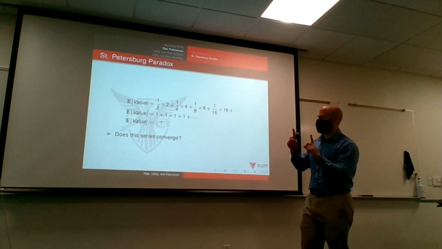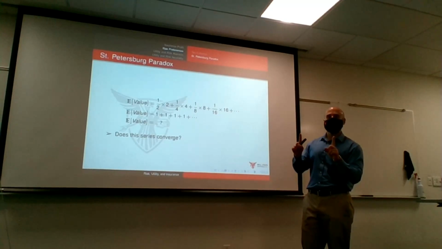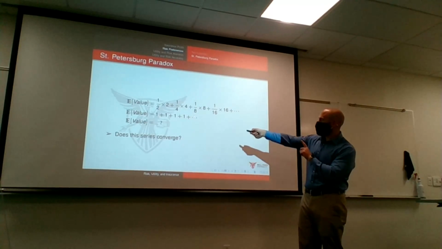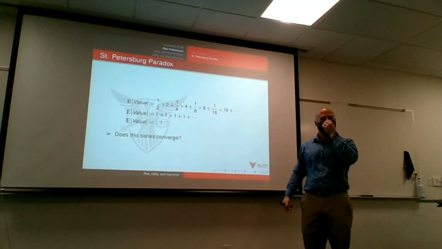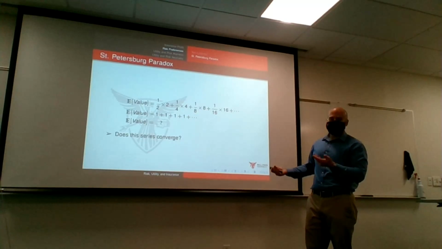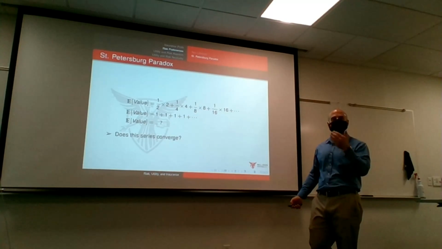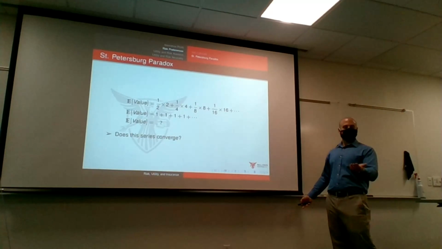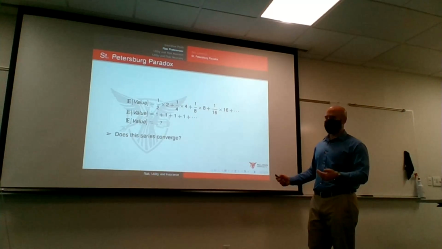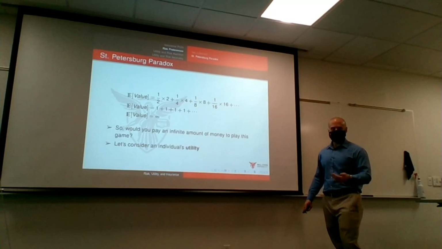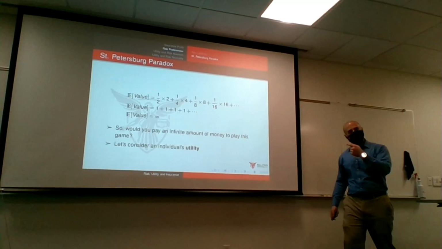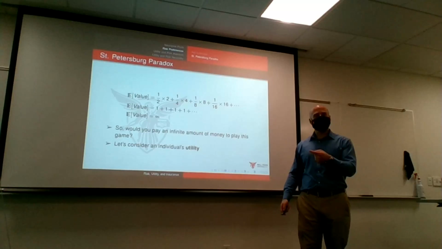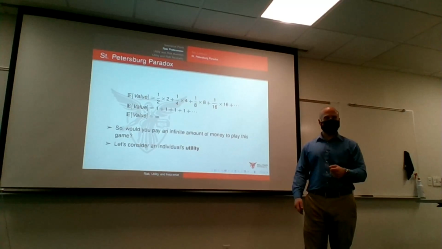And I guess I kind of spoiled it, but I said it was an infinite series. So does this sum converge to an actual value? The answer is it doesn't. Okay? It keeps going to some infinity. Which infinity? I don't know. But it keeps going to an infinity. So the expected value of this game is all the money you could imagine.